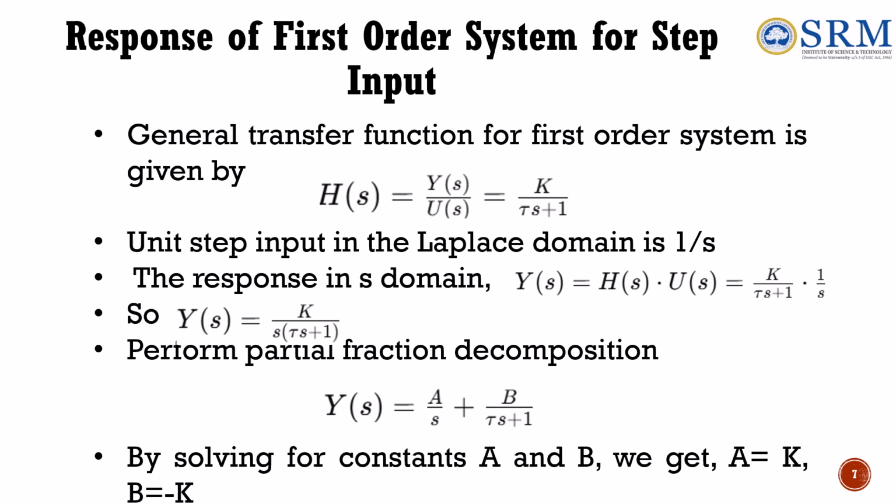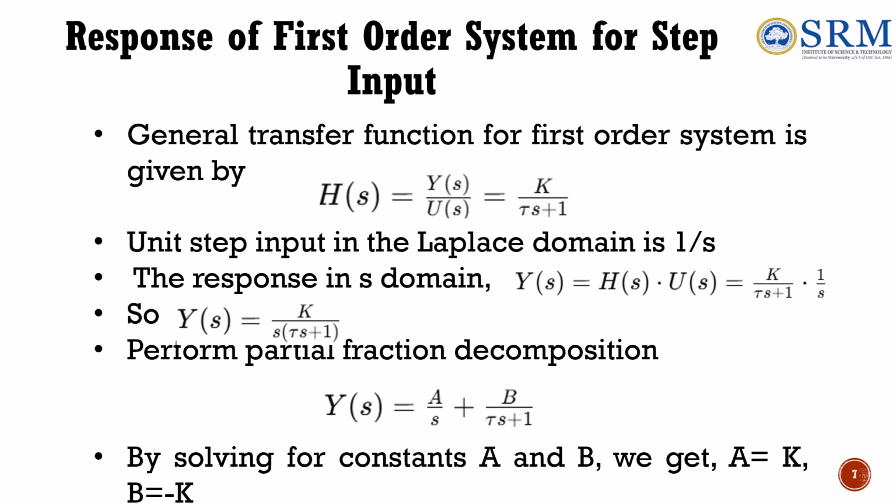So we can find the response in the s domain, that is the Laplace domain: Y(s) equal to H(s) into U(s). That will be equal to K by (tau s plus 1) into 1 by s. So Y(s) equal to K by s into (tau s plus 1).